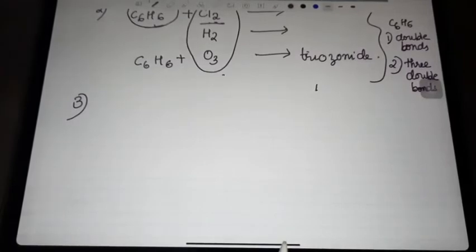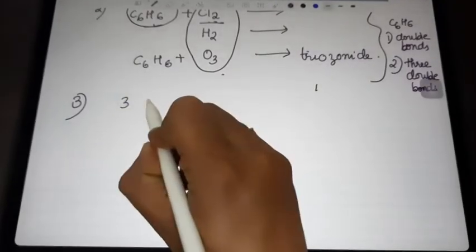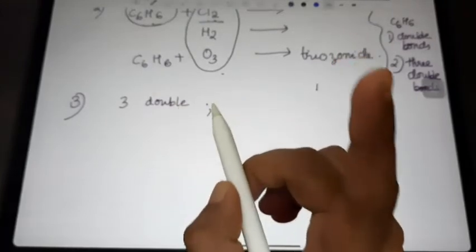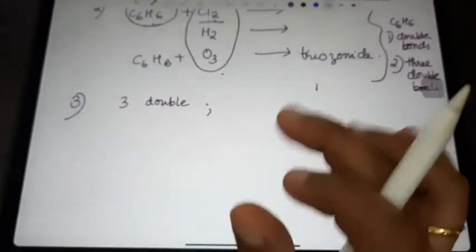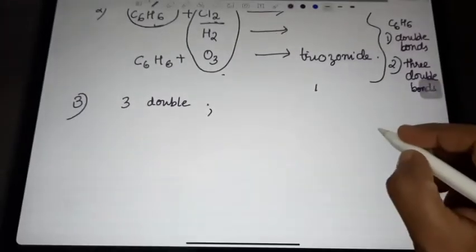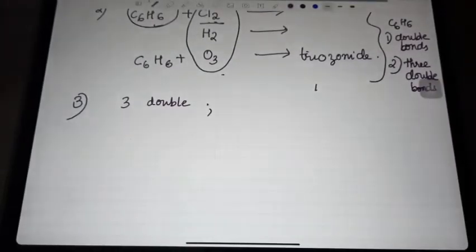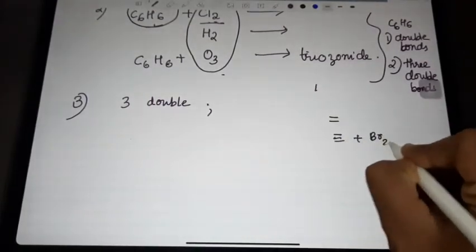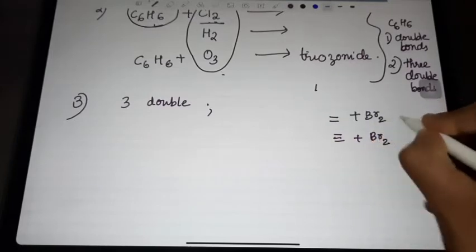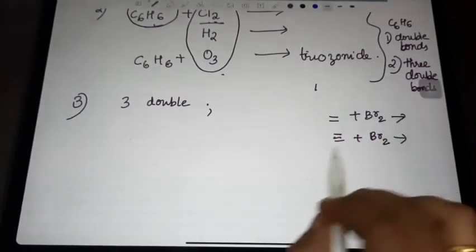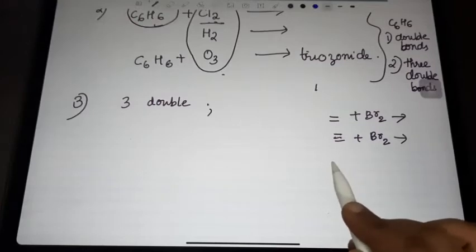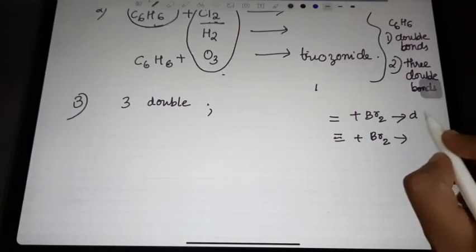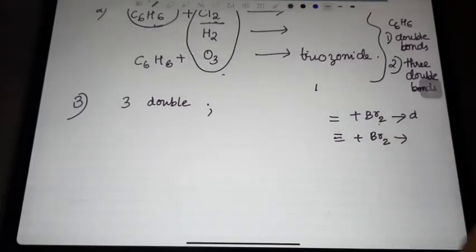The third point, even though benzene has 3 double bonds, it does not answer the usual test for unsaturation. We studied in the case of alkenes and alkynes, when we add bromine water or bromine in CCl4, due to the sudden addition reaction with the bromine, these double bonded or triple bonded compounds undergo addition reaction, and the bromine is used up for that addition reaction.